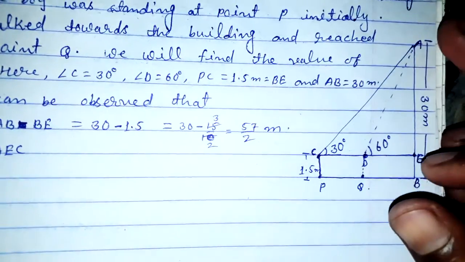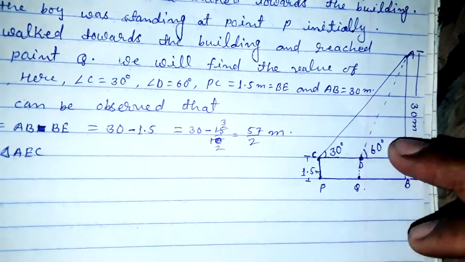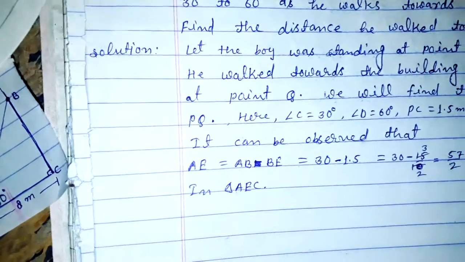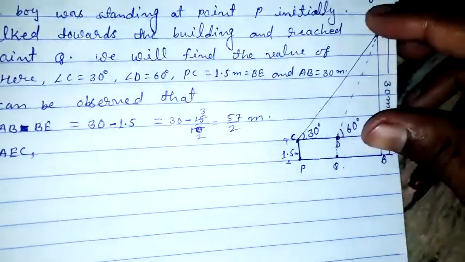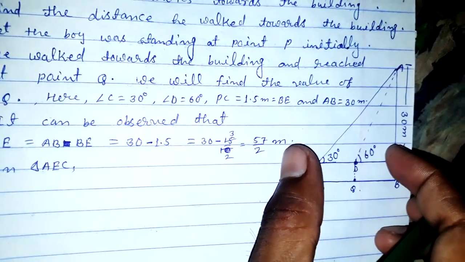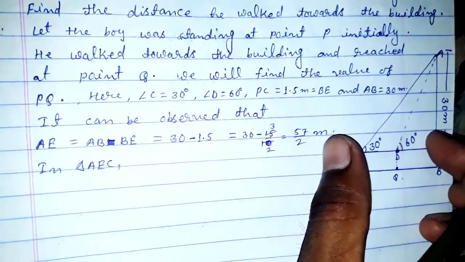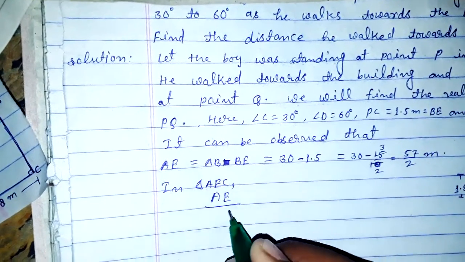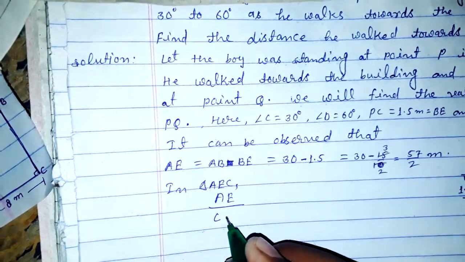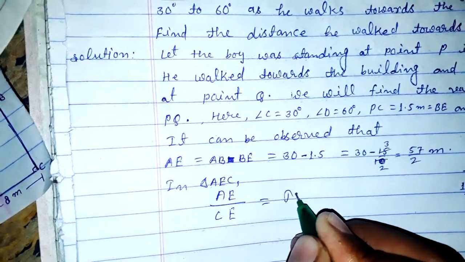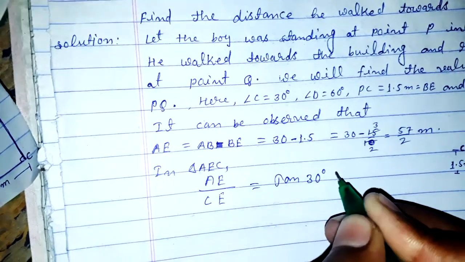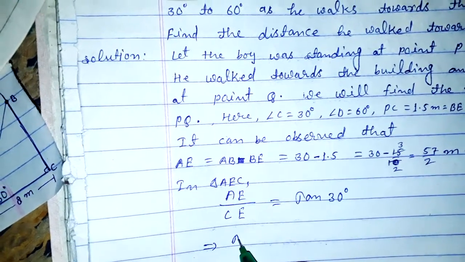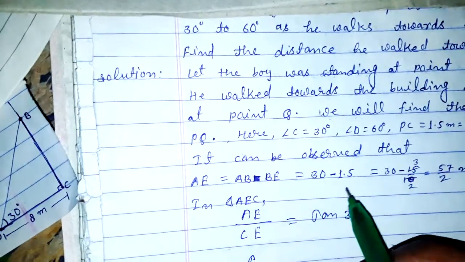Now solving in triangle AEC, these complete a triangle. Take the ratio of this side and this side. So this is AE upon CE, this ratio is tan 30 degrees. This implies, what is the AE value here?